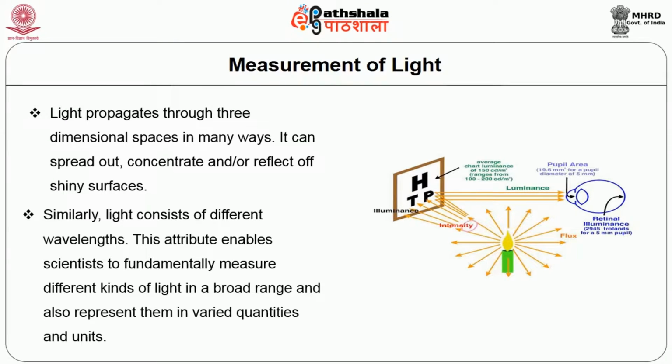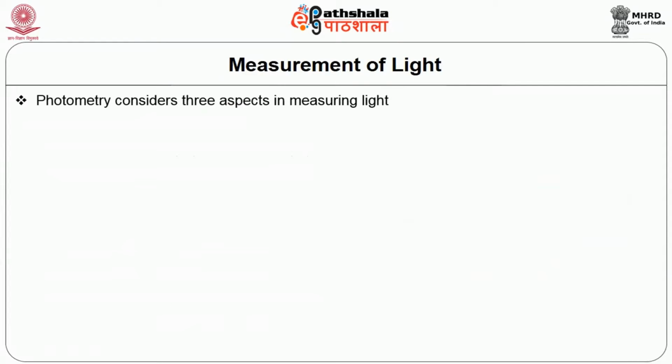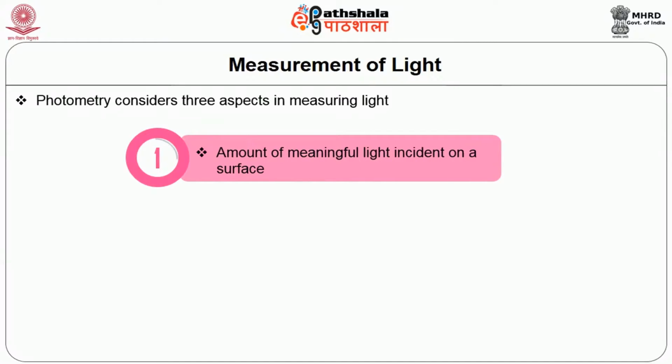Similarly, light consists of different wavelengths. This attribute enables scientists to fundamentally measure different kinds of light in a broad range and also represent them in varied quantities and units. Photometry considers three aspects in measuring light.